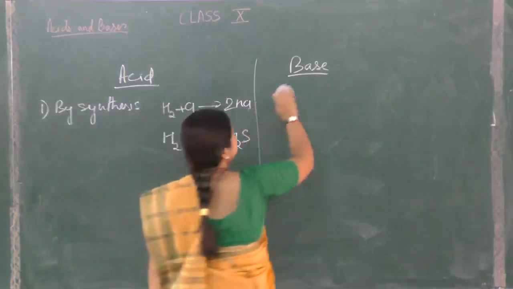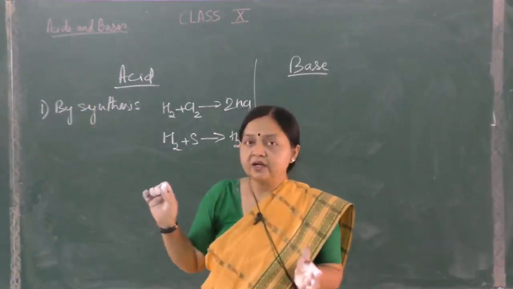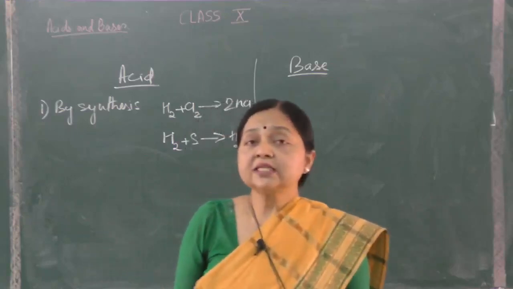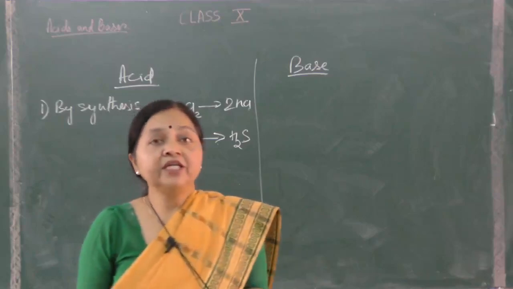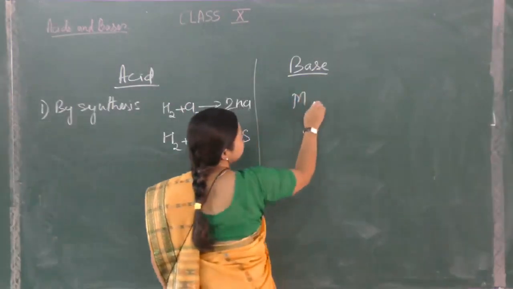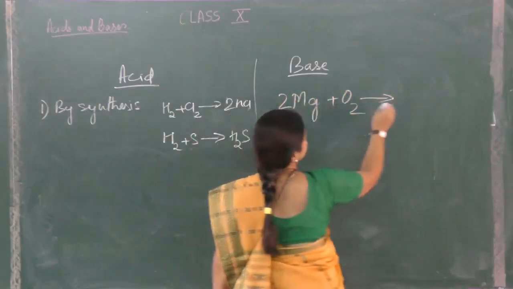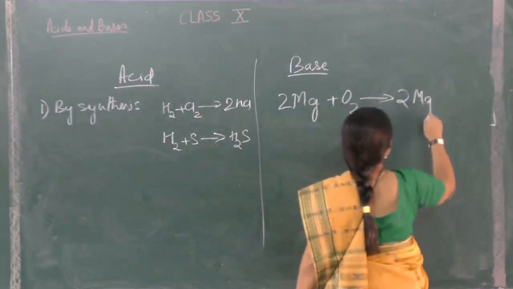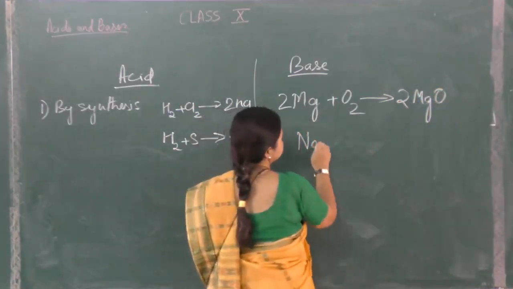Next, how are the bases prepared? Bases are metal oxides or metal hydroxides, you know that. Metal can combine with oxygen, suppose magnesium ribbon burns in oxygen. So directly 2Mg plus O2 gives 2MgO, or say sodium.